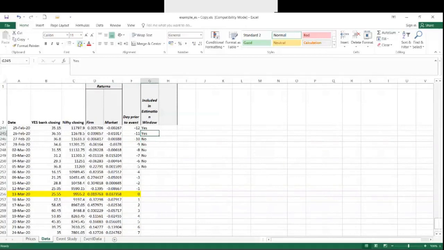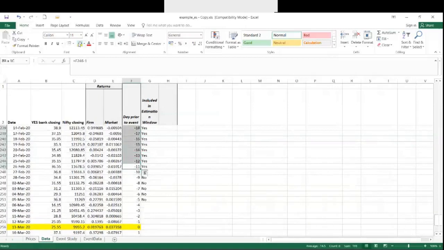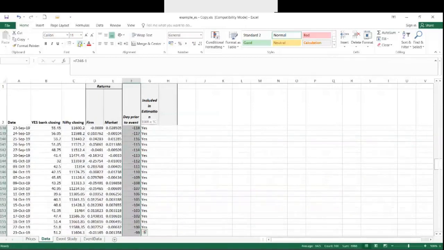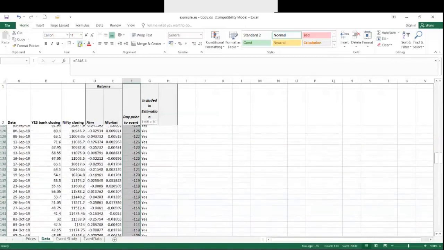Usually, to be on the safer side, you leave 2 or 3 more days and then start your estimation window. You can play around with it and see how it affects the results. What I have done is consider up to 10 days and then start my estimation window. So from minus 11 I have the estimation window, and I want, say, 120 days of observation, so I go up to minus 130.